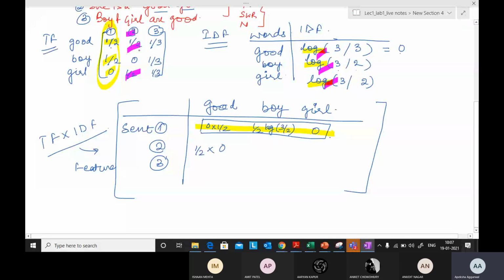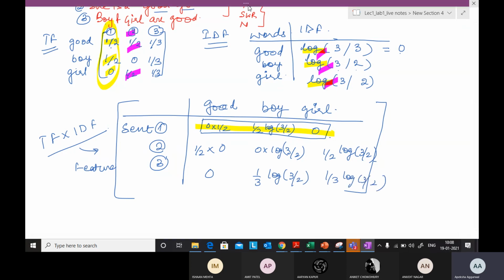Then we will be having 0 with 3 by 2, 0 cross log 3 by 2. Then we will be having 1 by 2 cross log 3 by 2. Okay, similarly you will get 0 over here, 1 by 3 log 3 by 2 over here, and 1 by 3 log 3 by 2 over here.